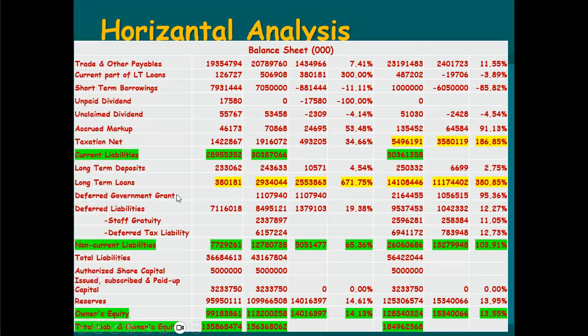Thereafter, in case of a long-term loan, you can observe a significant change in the first 2 years, and further a significant change for the second and third year. So it might be because of the addition in the fixed assets that we have observed on the asset side of the company as well.